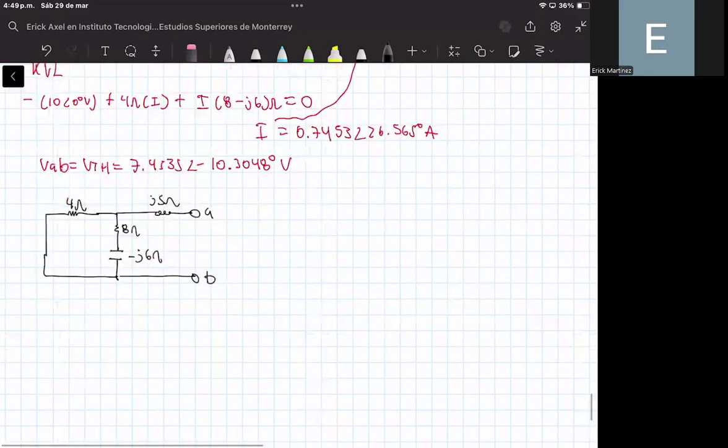So we can simplify the circuit as follows. What can we do to do that? You can notice that this resistor is in parallel with these two elements.